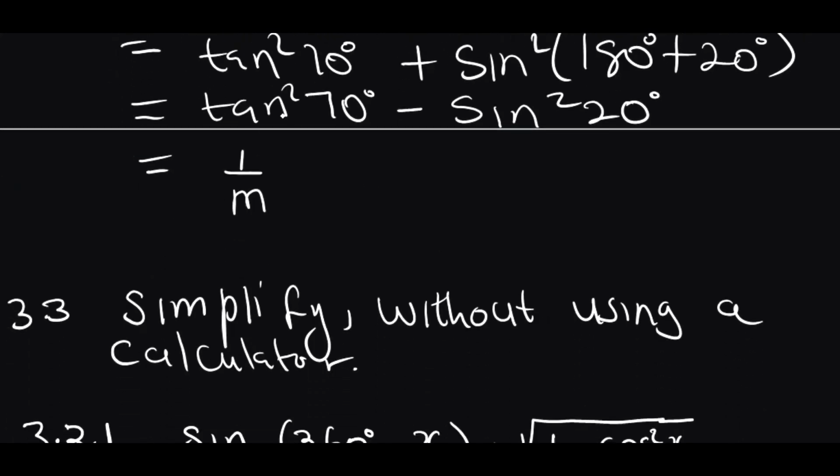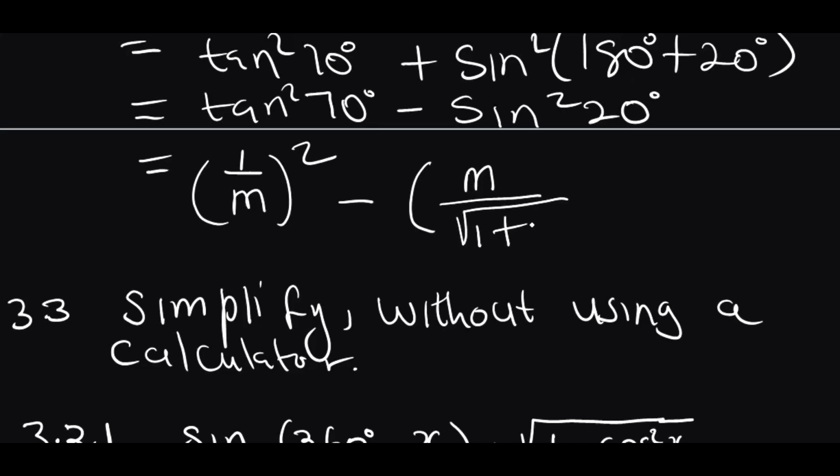Okay, tan squared 70 degrees is 1 over m all to the power 2, minus sine squared 20 degrees, which is going to be m all over the square root of 1 plus m squared, all squared.